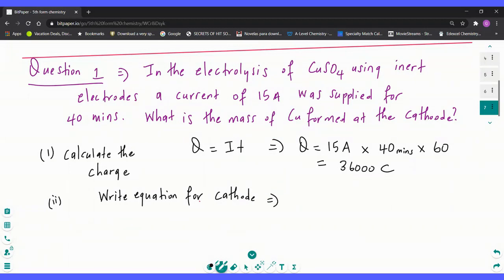Do you remember what process takes place at the cathode? Is it oxidation or is it reduction? Reduction. So that means that copper ions are going to the cathode to gain electrons.